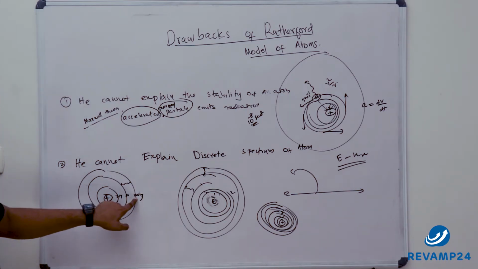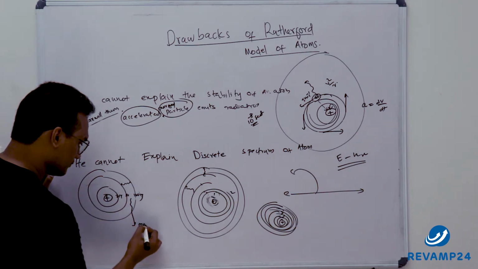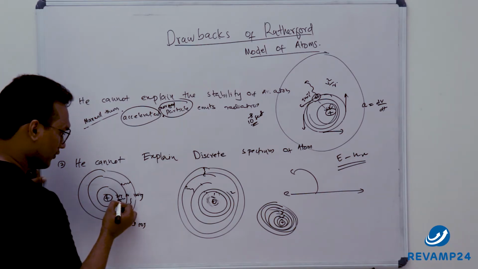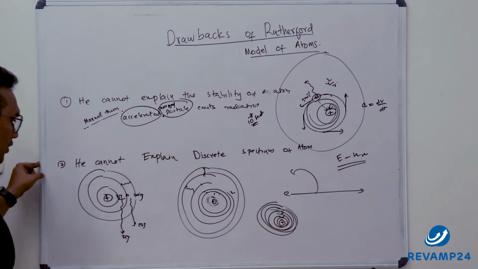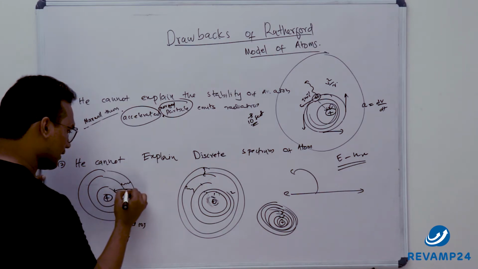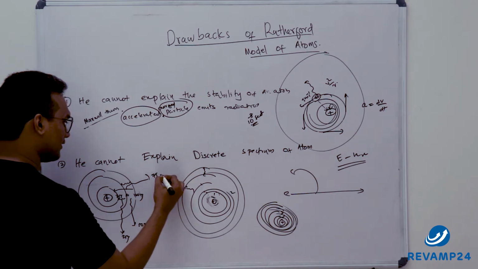Now how to move an electron from 100 joule to 50 joule? By emitting a radiation of 50 joule. From 50 to 25 joule, how can it come? By emitting a radiation of 25 joule. How can it come directly from 100 to 25? By emitting 75 joule.